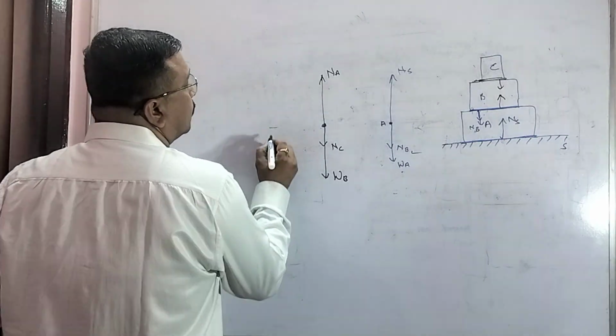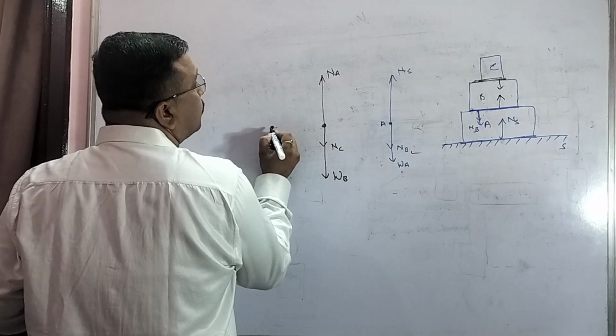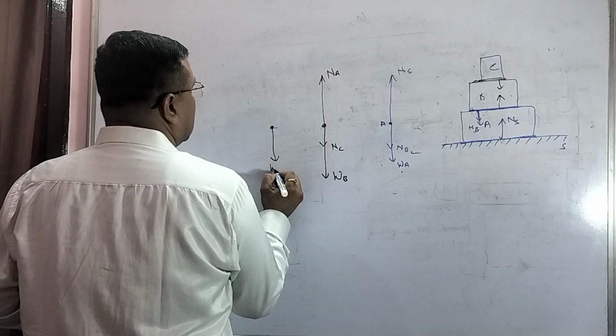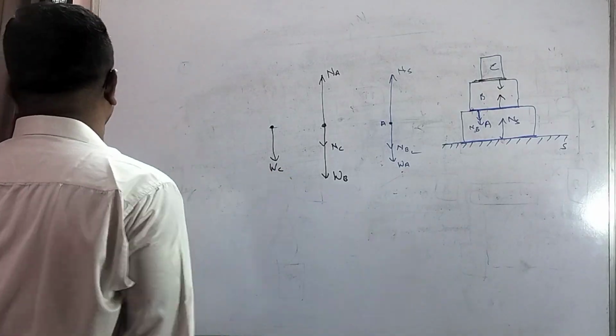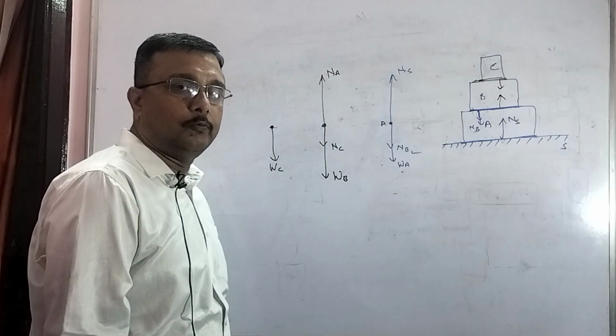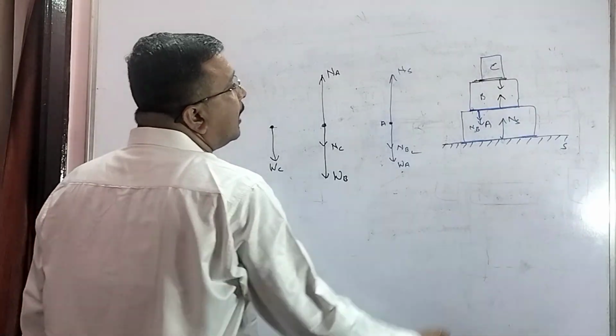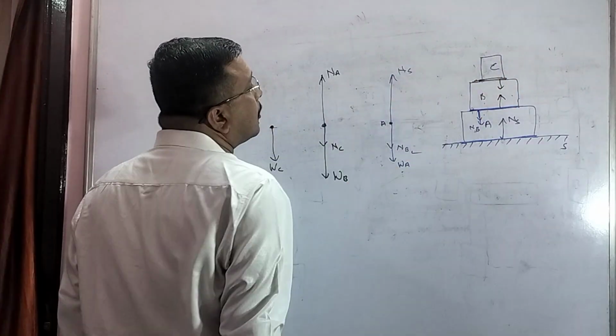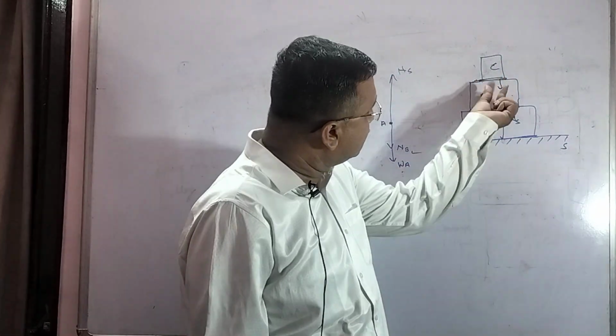Now we are talking about C. If we are talking about C, weight of C will be in downward direction. And C has a single common surface, this one.